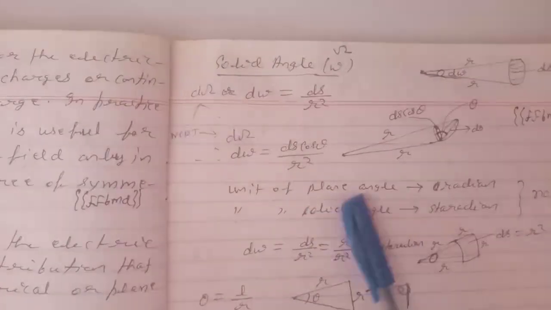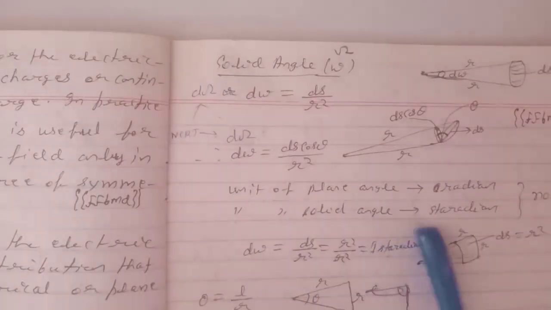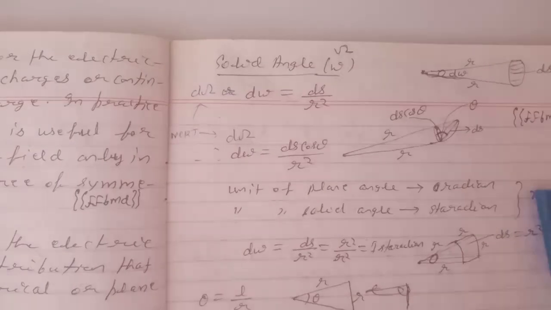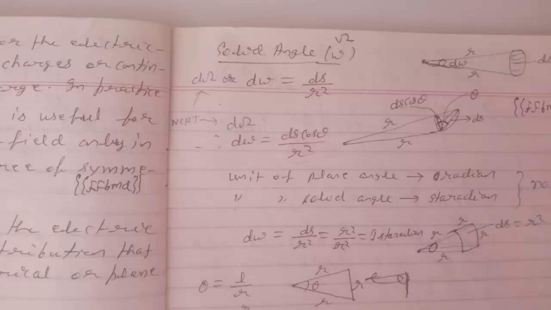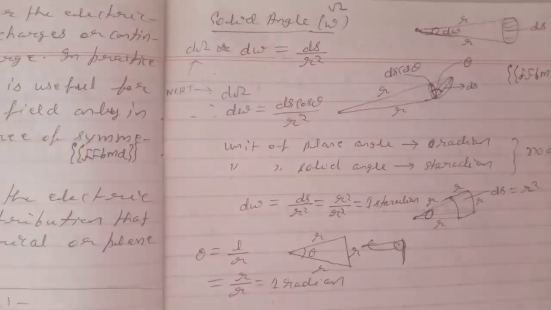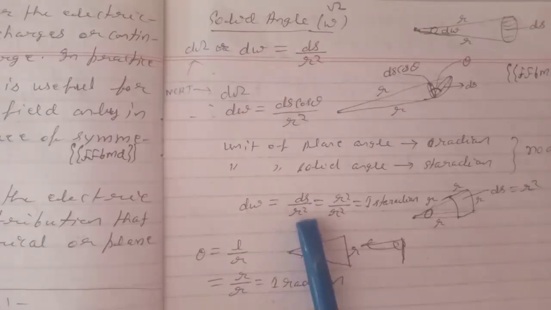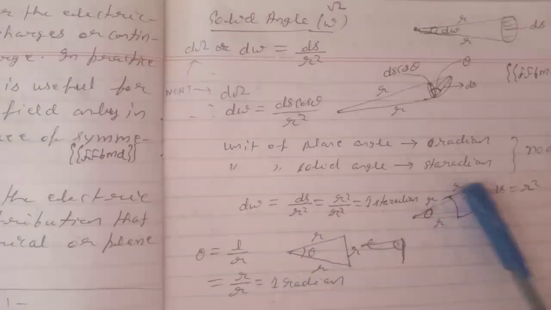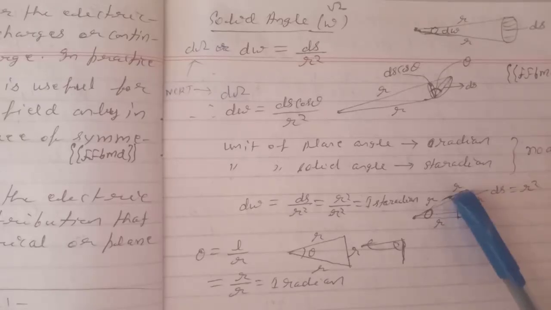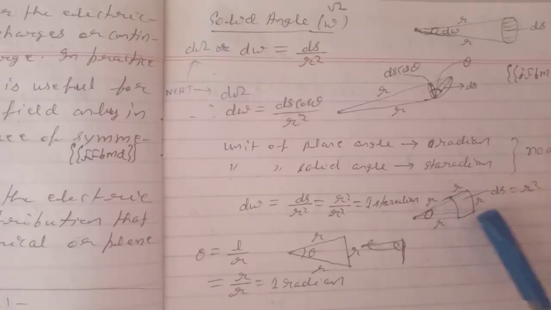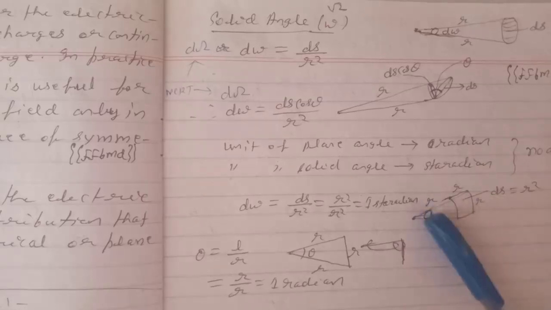The unit of plane angle is radian, and the unit of solid angle is steradian, and both are dimensionless. So there is no dimension of radian and steradian. Again we can write d omega equals ds by r square, and this is the situation where this length is equal to r and this length is equal to r, making a solid angle at this point.